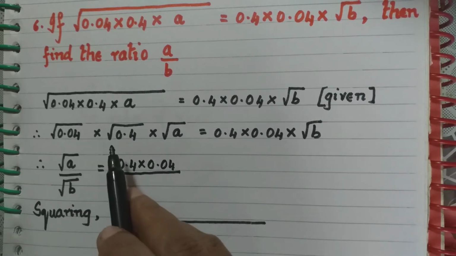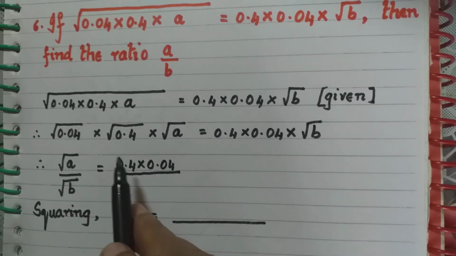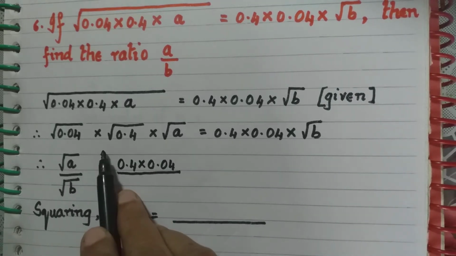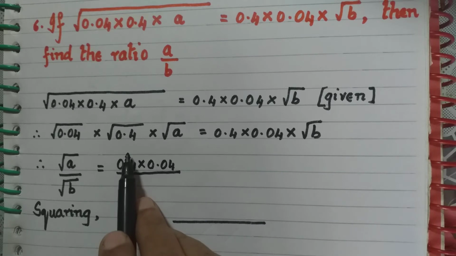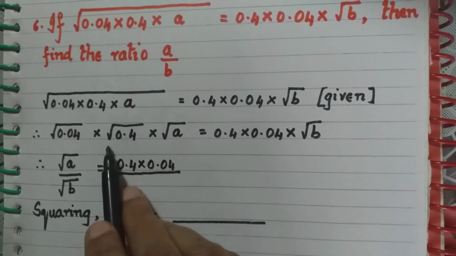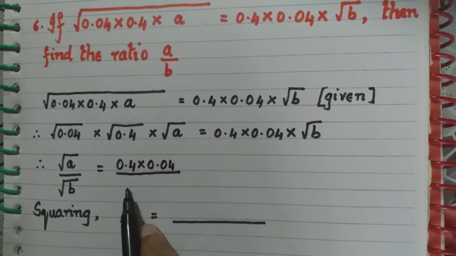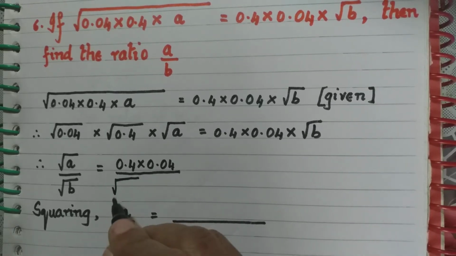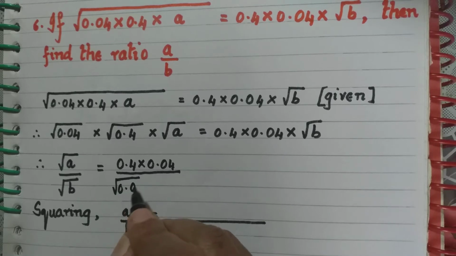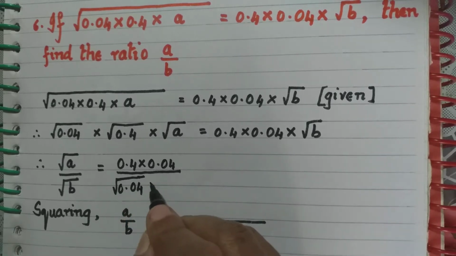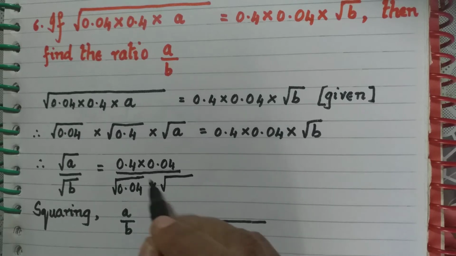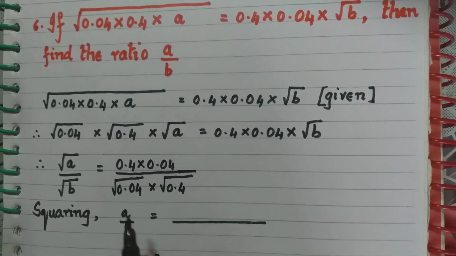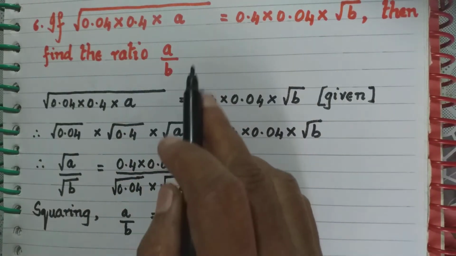Square root of 0.04 into square root of 0.4. So this square root of 0.04 into square root of 0.4, I bring it to the denominator here. So this becomes square root of 0.04 into square root of 0.4.